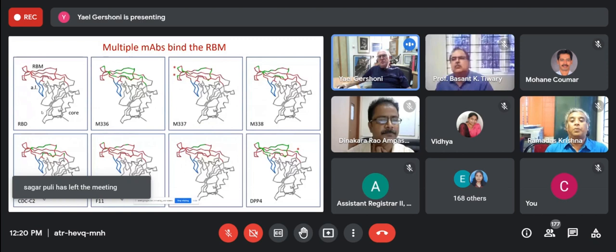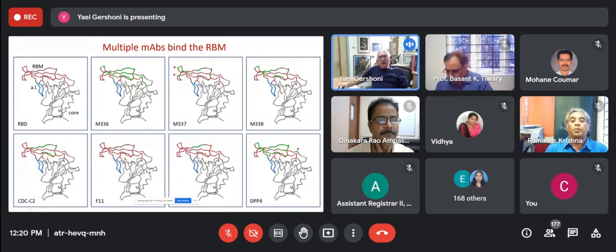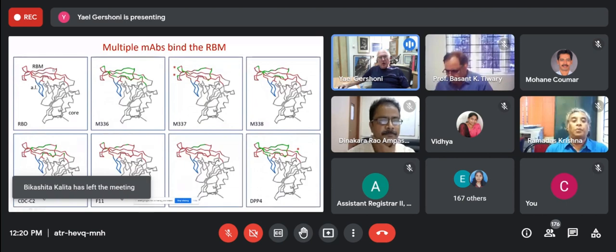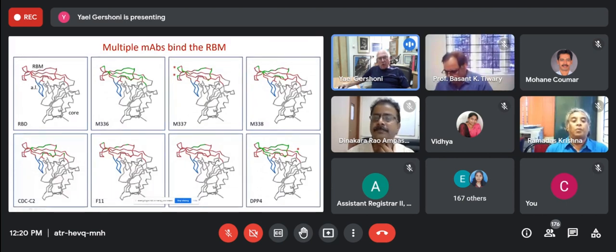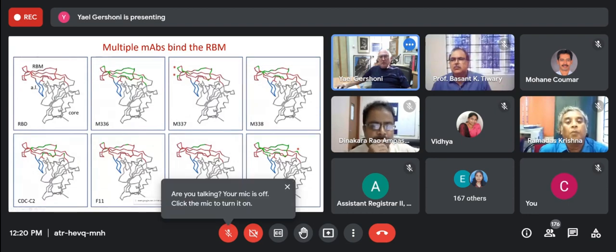So here's a picture. First, here on the left, we see a crystal structure of the RBM in red, the anchor loop in blue, and the core. And for each monoclonal antibody, M336 and M338 and 511, you can see that we've highlighted the position of the critical contact residues required for antibody recognition.